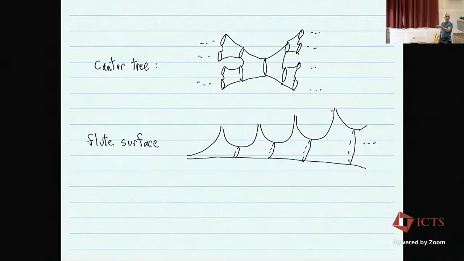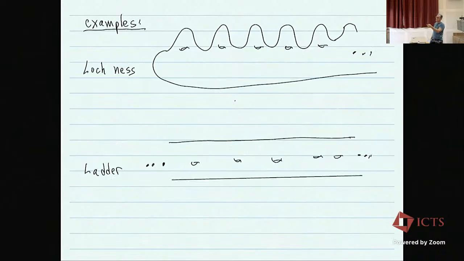An end should be an escape route from this space. In this one, if I go out this way, that's an escape route. If I go up here, that's an escape route. If I go over here, that's an escape route. Whereas on the Loch Ness Monster, if I'm going to escape, I just have this way to go. Here, if I'm going to escape, I have this way or this way.